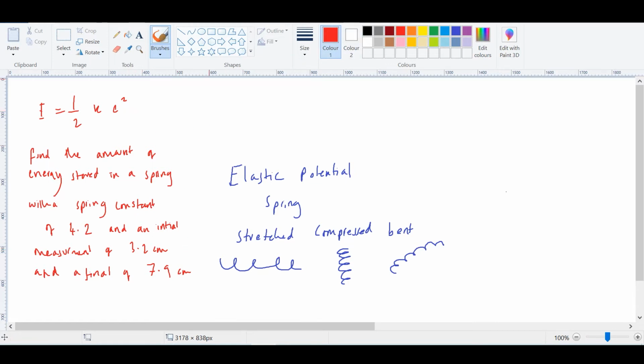Remember what we said: x is the extension, and k is the spring constant, and E is a measurement for energy in joules.